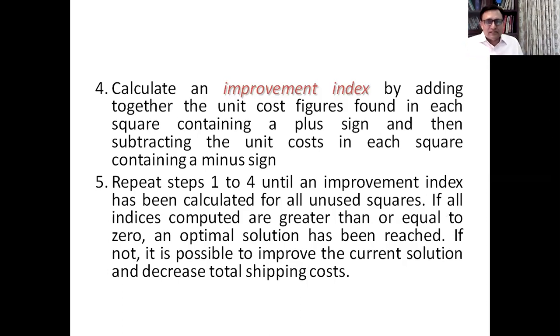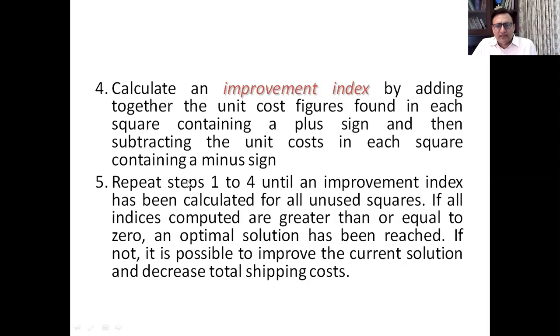But if all are positive, it means we have already got the optimal solution, and there is no need for any improvement. So if the improvement index is negative for any unoccupied cell, that means cost is going to reduce, and then we will improve the solution. If it is not there, then we have got the optimal solution.